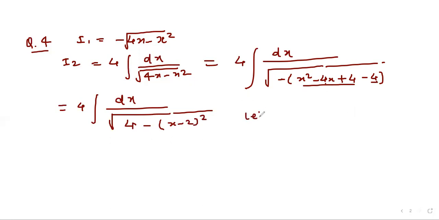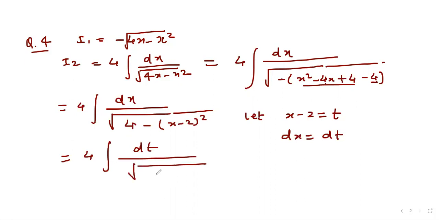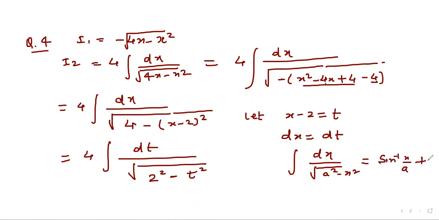Now let x minus 2 equal to t, dx equal to dt. So we will get 4 times integration dt divided by root of 4, meaning 2 square, minus t square, and it is of the form integration dx upon root of a square minus x square, that gives sine inverse x upon a plus c.